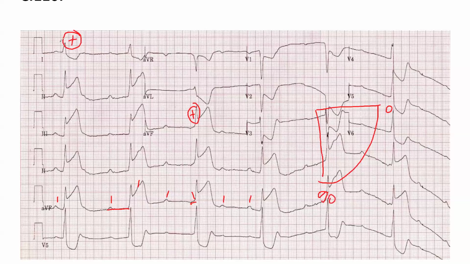Which is the biggest one in 1, 2, 3? 2. So it's around 60, but lead number 3 is bigger than lead number 1. This is why you should say that's 70, because if you had a 60, 1 and 3 should be equal. So that's around 70.